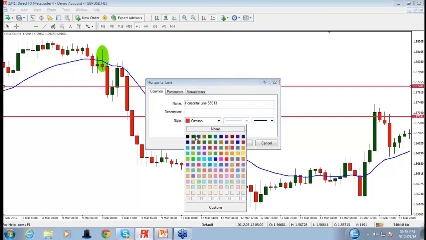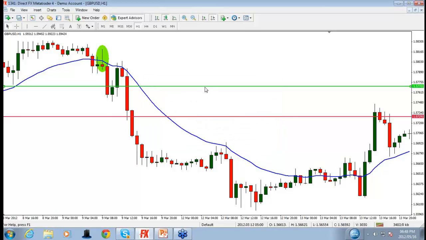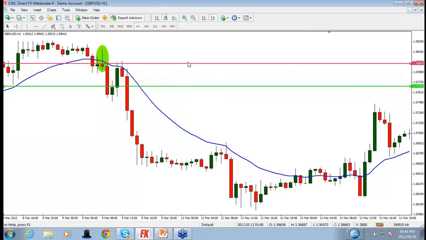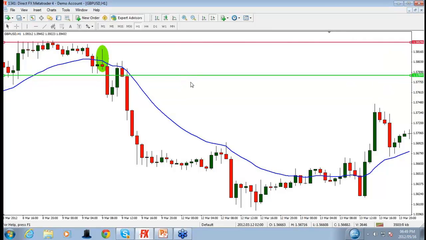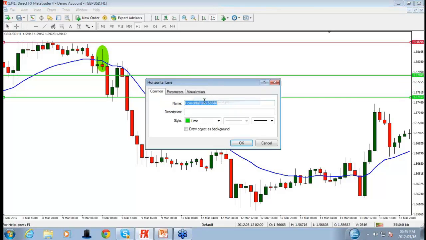I'm going to make this one nice and green. I'm going to use this one as my stop loss, that's the red one, bad news, and the green one for the entry. And then I'm going to use another color here for my take profit.